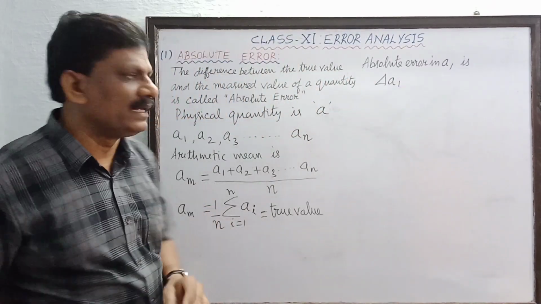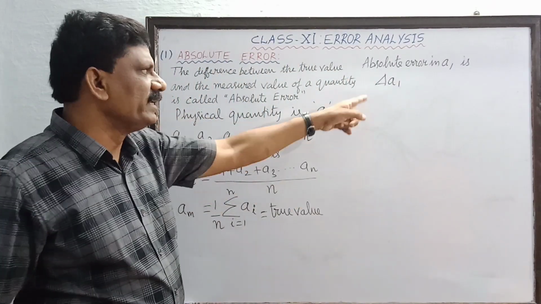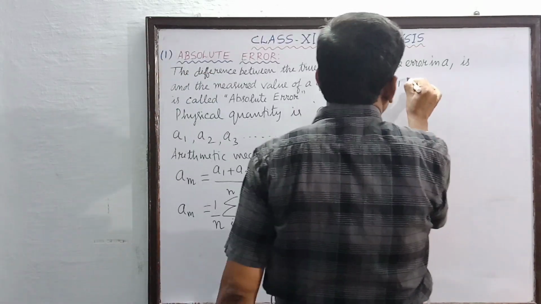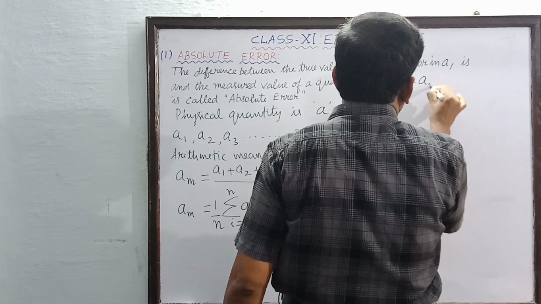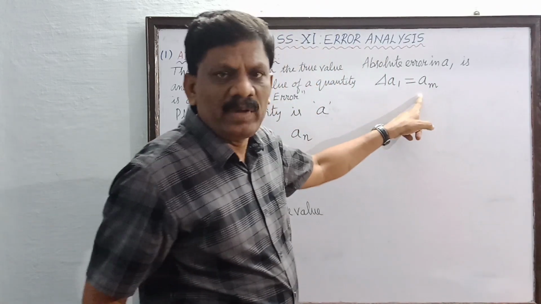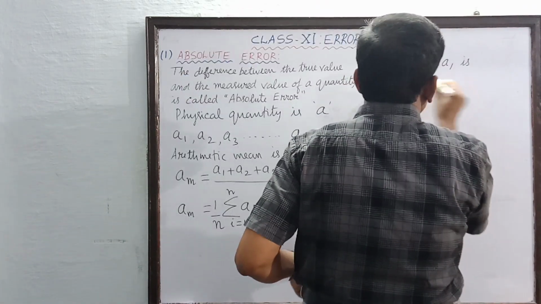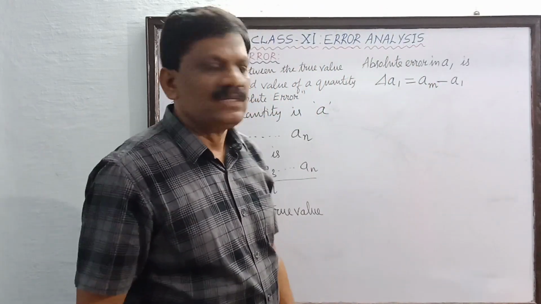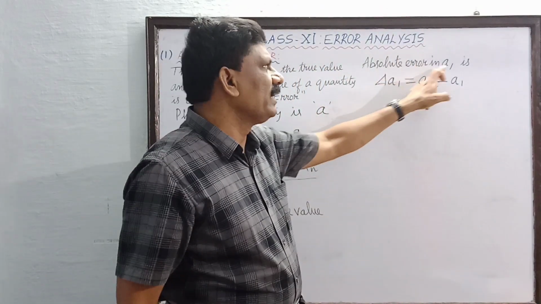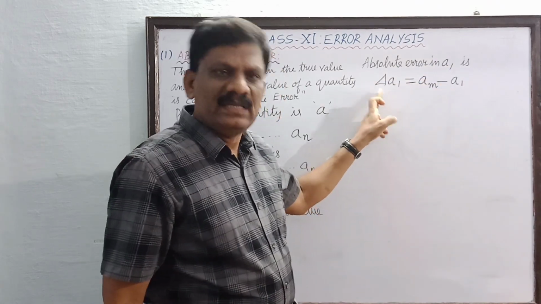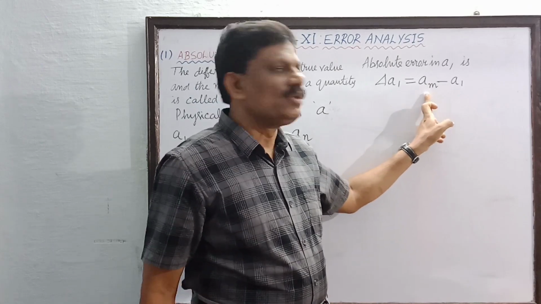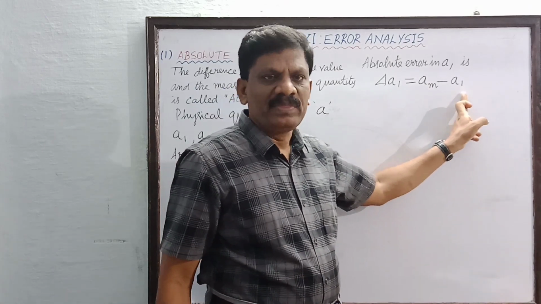The absolute error in A1, that is denoted by the symbol delta A1, and this is the difference between the true value and the observed value. Have you all understood? So the absolute error in A1 is delta A1, that is denoted as the difference between the true value and the observed value.